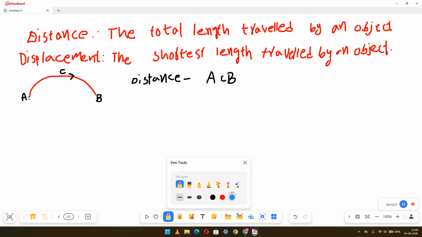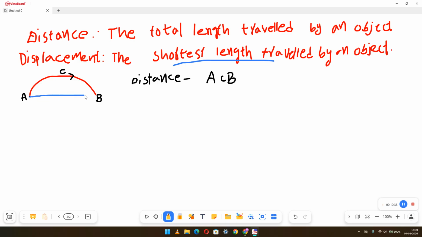The displacement is AB. What is displacement? The shortest length. Here the shortest length is AB.